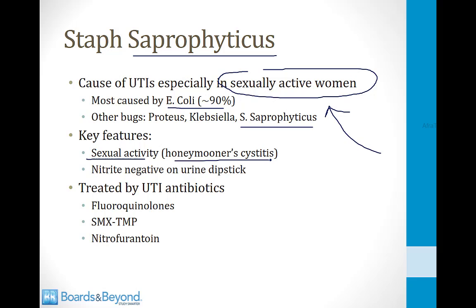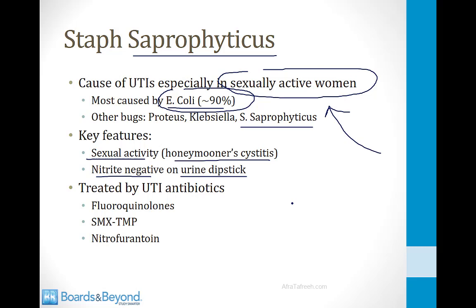Another special feature of this bacteria is that it is nitrite negative, so when you do a urine dipstick, there will not be nitrites detected in the urine, and this is different from many other bacteria that cause UTI, especially E. coli. E. coli is nitrite positive, so if they describe a case of a urinary tract infection in a sexually active woman and tell you that the nitrite is negative, this is one of the main bacteria you should think of.